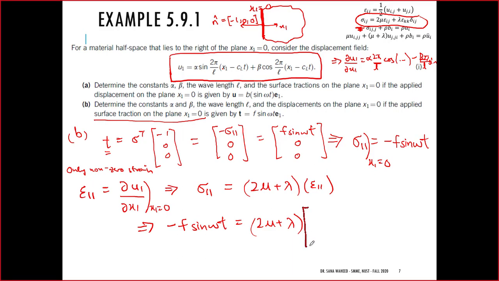So I have 2 pi alpha divided by L cos of x1 minus CLT, minus beta 2 pi divided by L sine of x1 minus CLT. Now evaluated, as I said, at x1 is equals to 0.